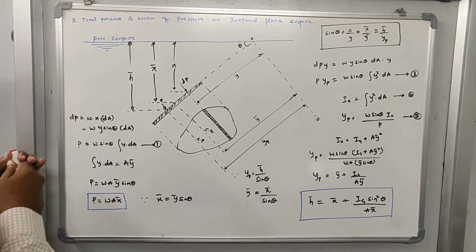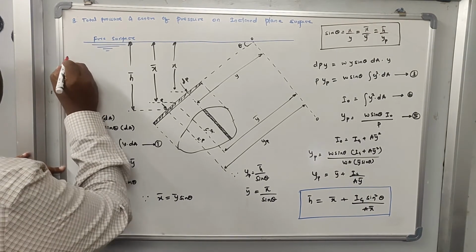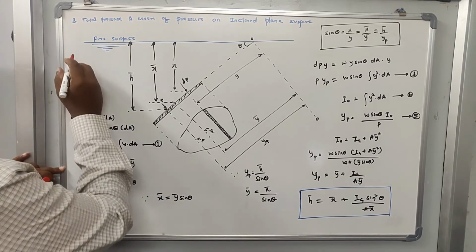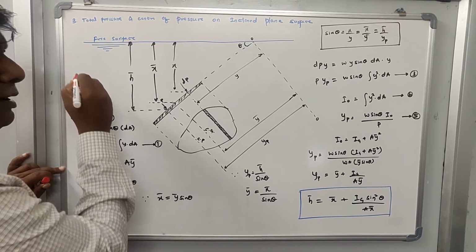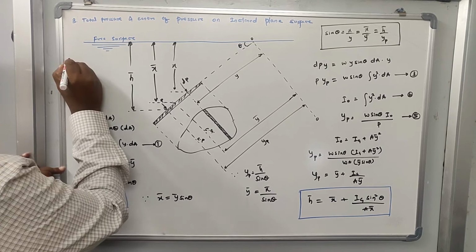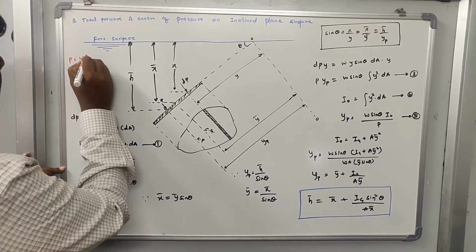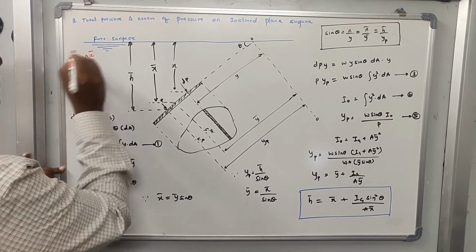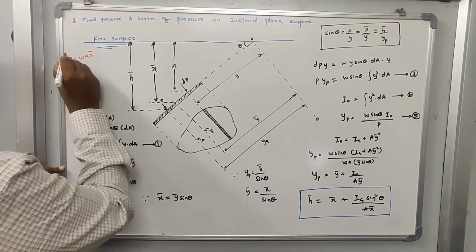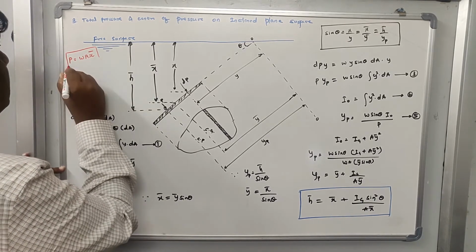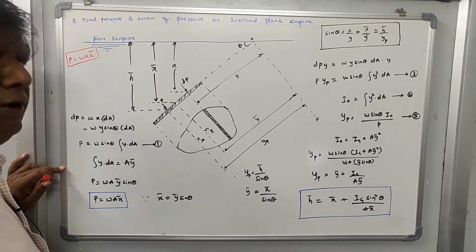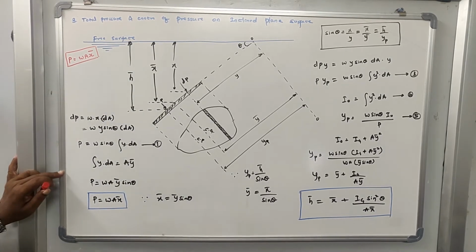When the plate is submerged horizontally in the stationary fluid, the total pressure P is equal to, we have derived this equation, W A x bar. This is the total pressure exerted on the horizontal plane when it is immersed in the static mass of fluid fully.